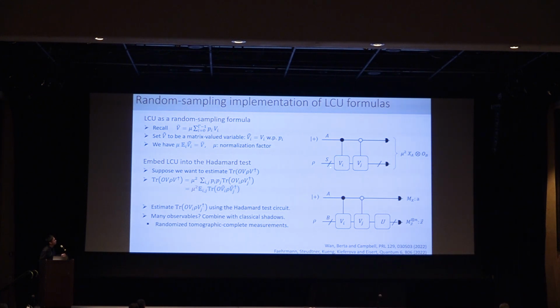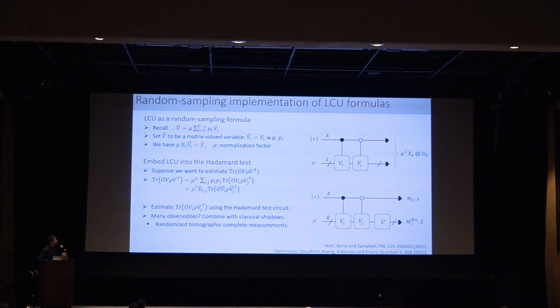Basically, we sample V_i and V_j in each run, and by using some estimation operator, this measurement can provide a pretty good unbiased estimation of the final properties of V dagger and the target state. The caveat is that we cannot implement the unitary; we can only estimate the properties, but this is quite enough. We can use it to estimate the ground state energy, estimate ground state properties, and also simulate correlated observables.